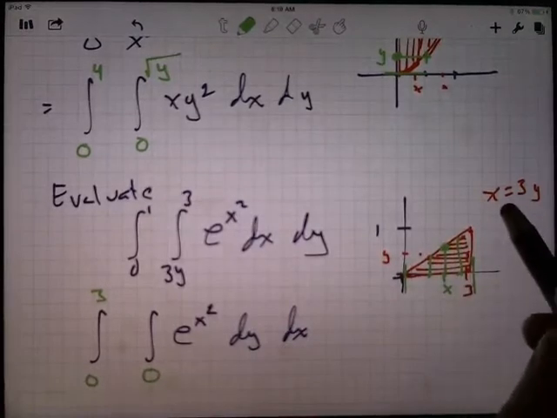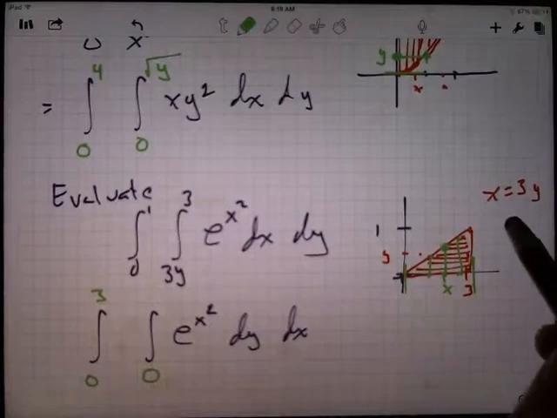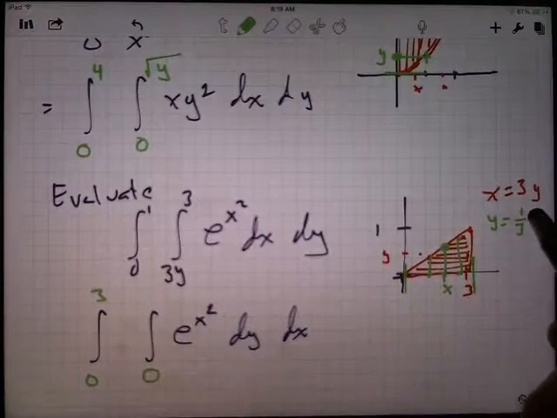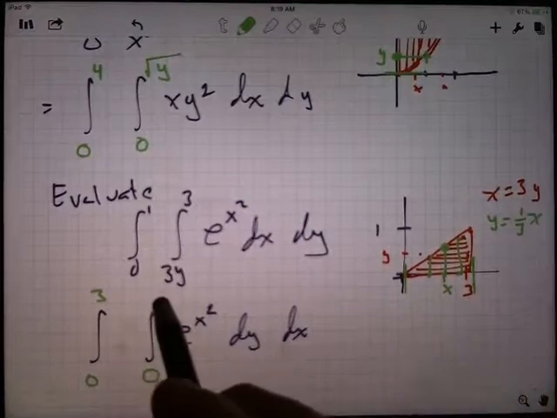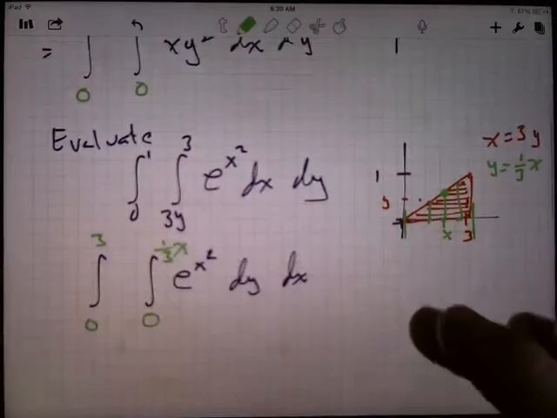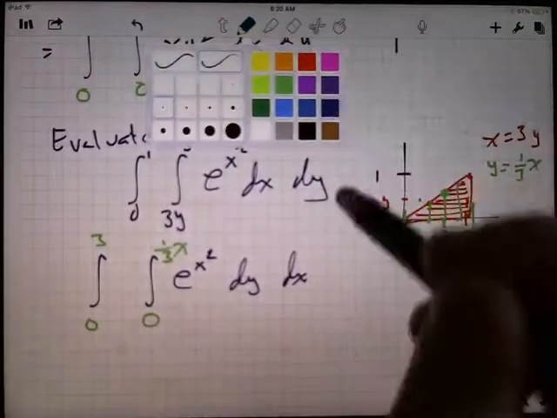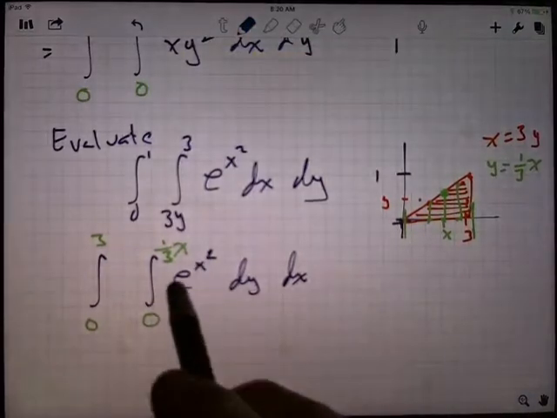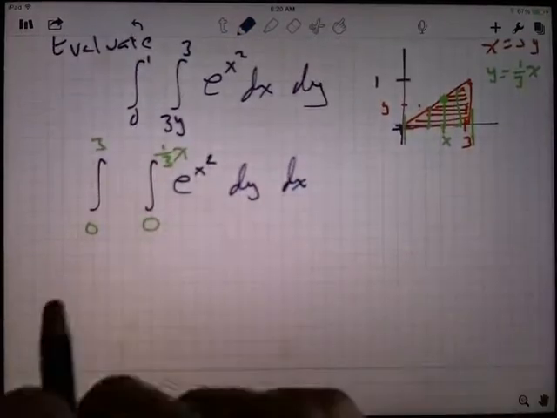Well, I have that line described as x as a function of y. Let's turn it around and divide both sides by 3. So y is 1/3 x. Now, I might be able to actually do this integral because I'm integrating with respect to y first, and this is just a constant with respect to y.